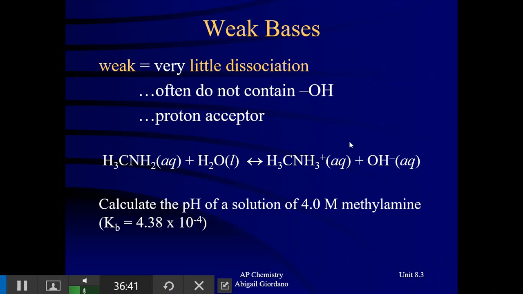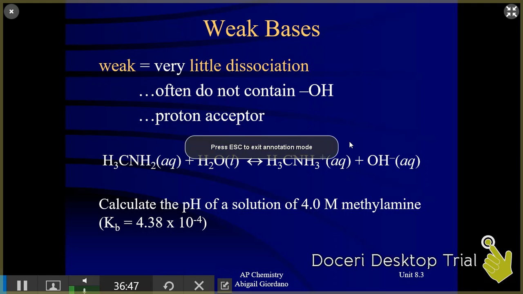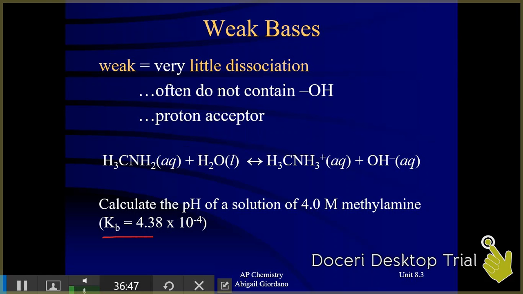Also, if we're doing this problem with it, that compound is called methylamine. Here's another clue that it is a weak base: I'm given a Kb value for it. So that's another clue that this is not only a base, but a weak base.